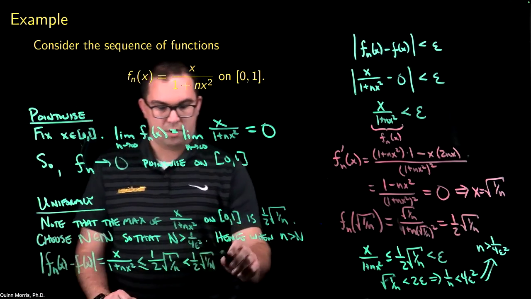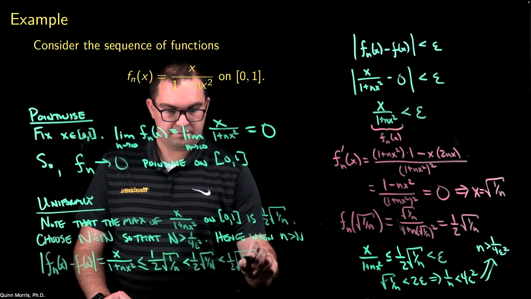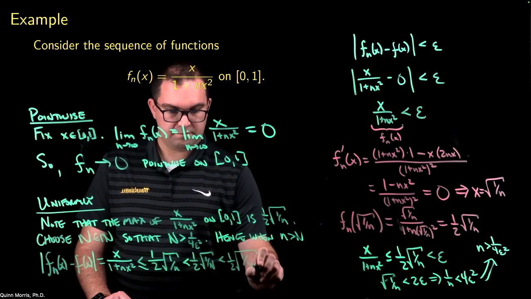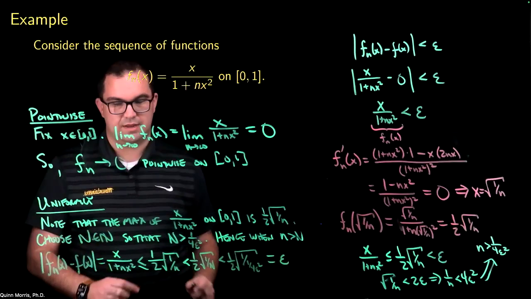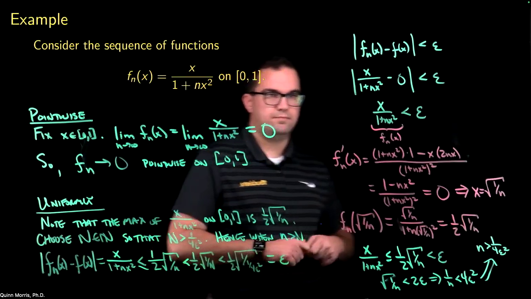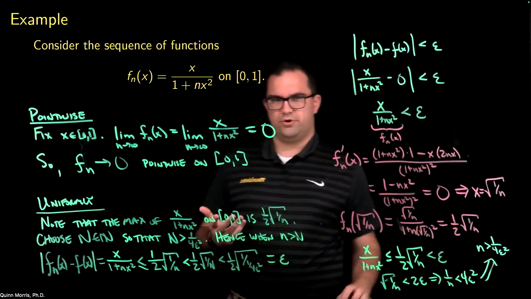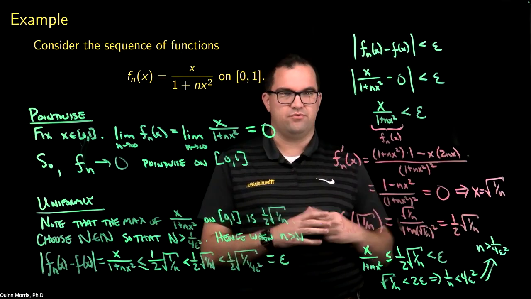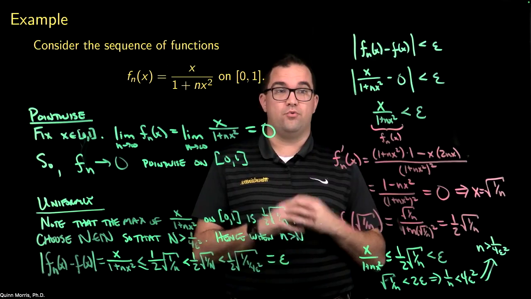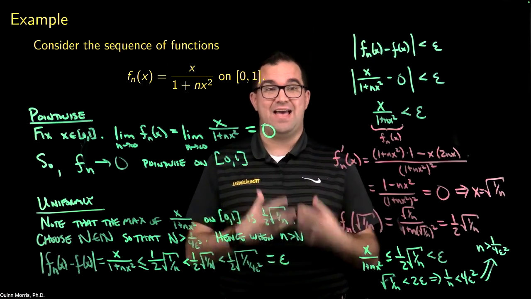Now I'll put something even smaller. Okay. And if you calculate that out, you just get epsilon. All right. So this worked, but it sort of required doing some tricky analysis over here to get the correct choice of capital N that was actually independent of x.